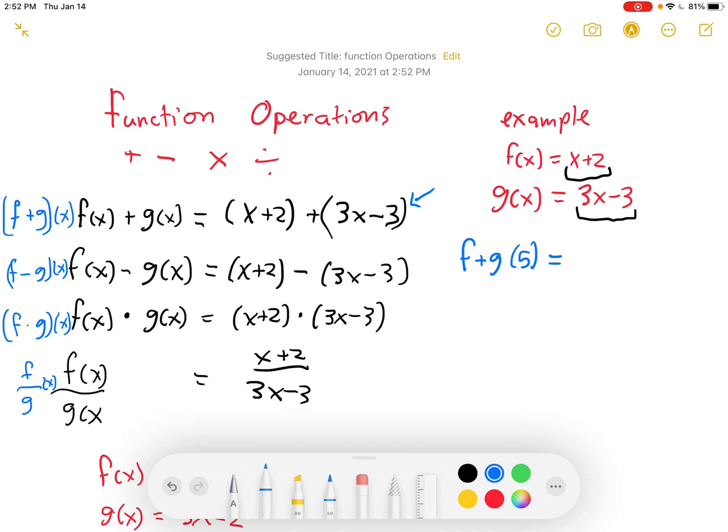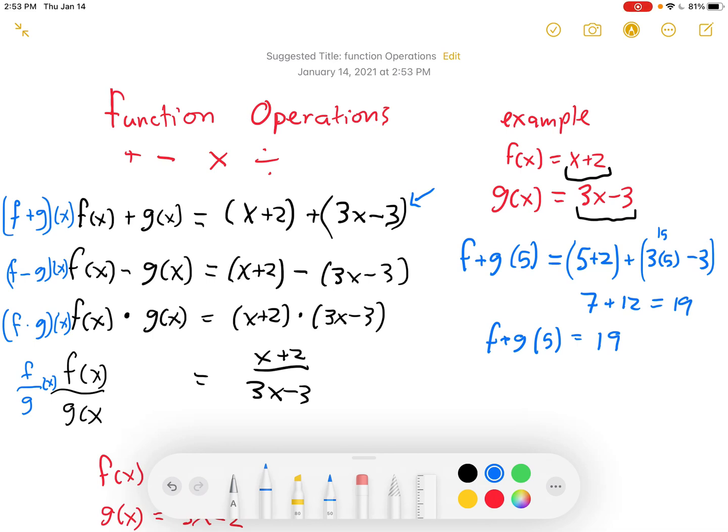We would get (5 plus 2) plus (3 times 5 minus 3). And I'm just going to keep the parentheses to keep it consistent. We then get 7 plus, that's 15 minus 3, which would be 12, which would be 19. And there's your final answer.